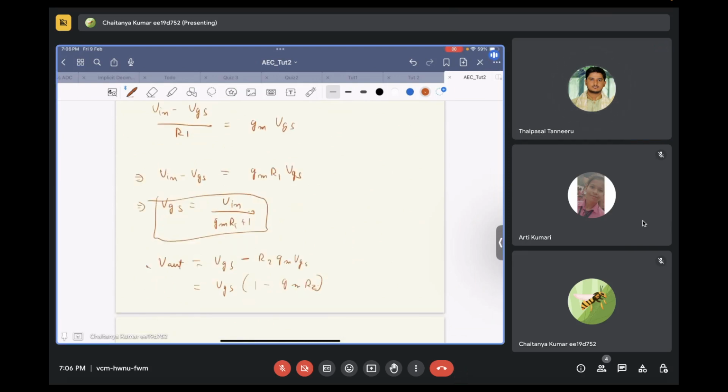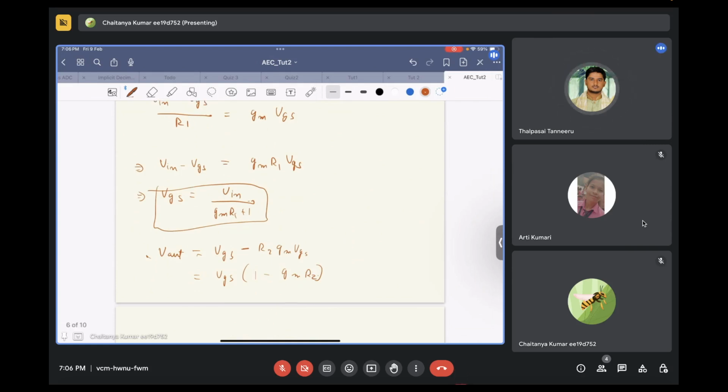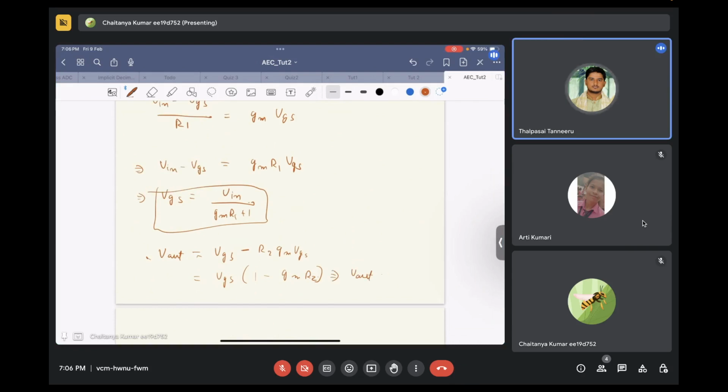Now, if you substitute VGS from this equation, what do you get? Vout equals Vin times 1 minus gm R1 gm R2 divided by 1 plus gm R1. Do you understand this? Yes, sir.